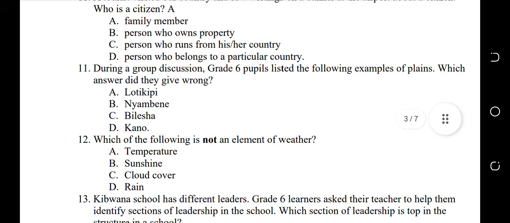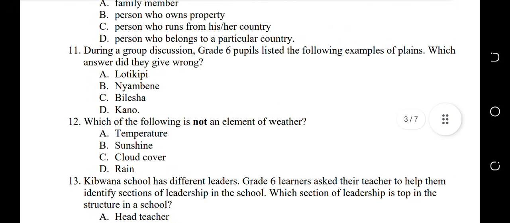Then we have, during a group discussion, grade 6 pupils listed the following examples of plains. Which did they give wrongly? So we check this.